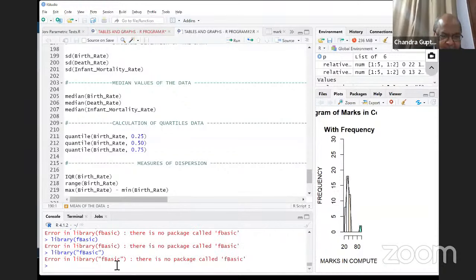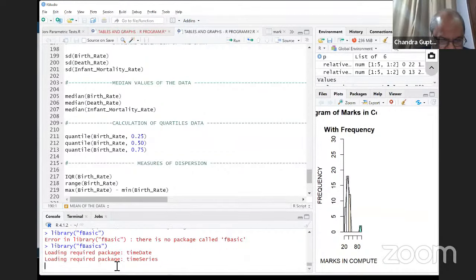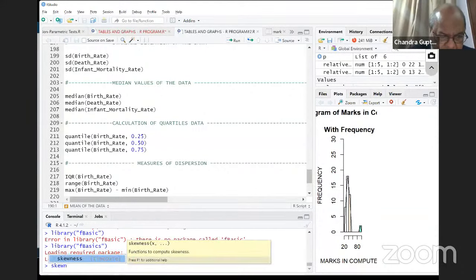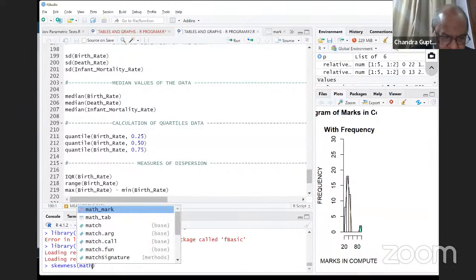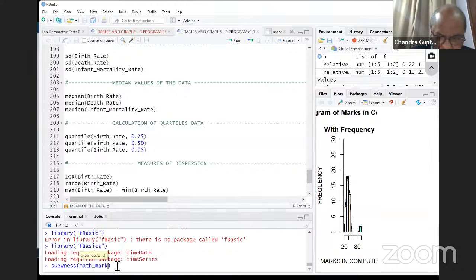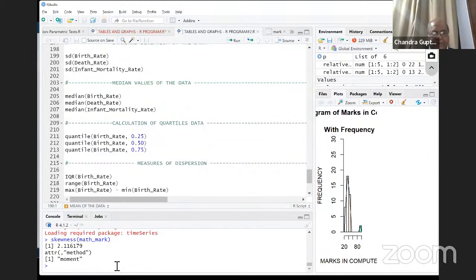Okay, fBasics. Then I think I can make use of skewness of maths marks. So the skewness is positive, and the method they are using is moment-based.